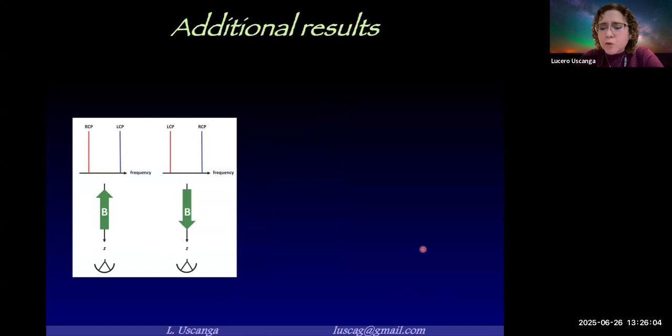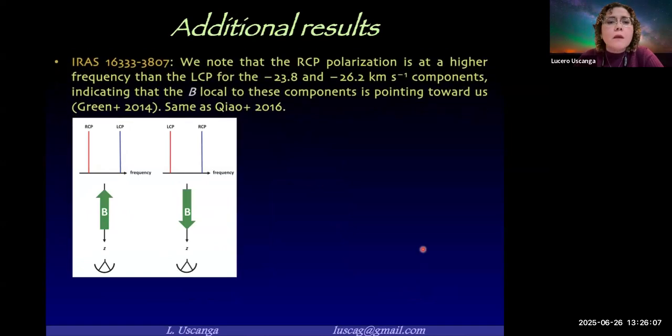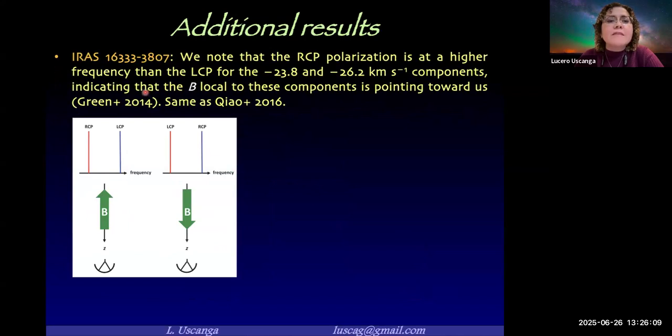As an additional result, for the source IRAS 16333, for example, we know that the right circular polarization is at a higher frequency than the left circular polarization, especially for these two features. So then the local magnetic field of this component is pointing toward us according to a work of Green and collaborators.